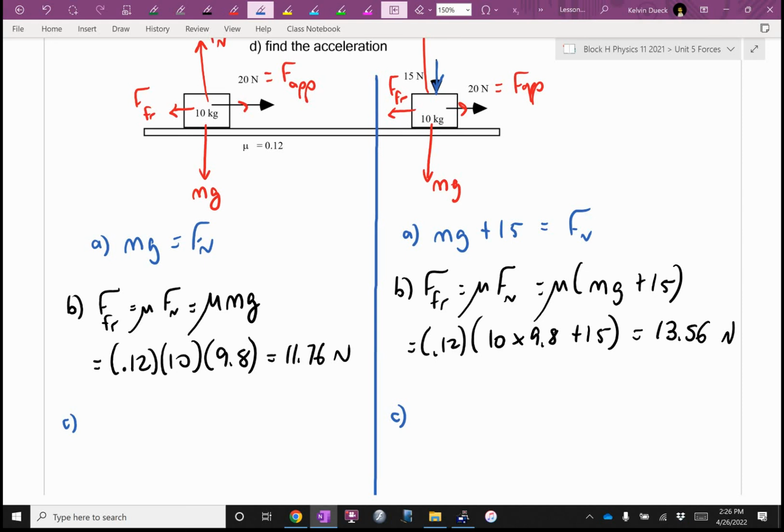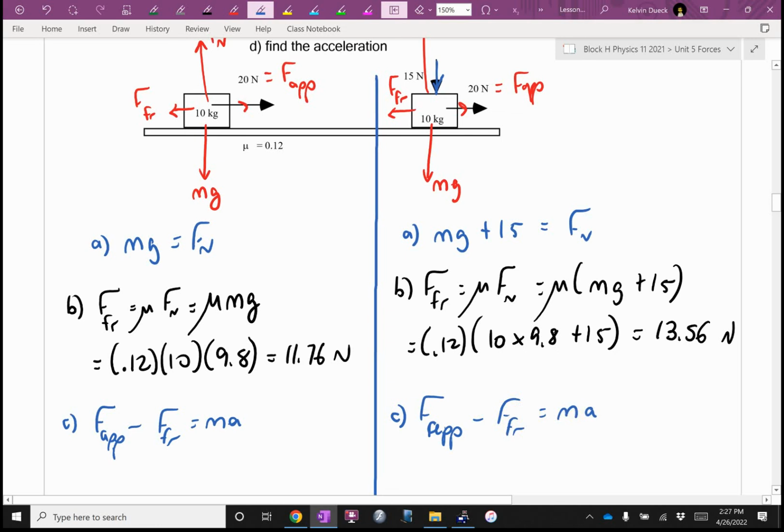Who's losing? On the right-hand side, the second diagram, who's winning? Who's losing? It's the same equation for both. Doesn't that mean I'm going to get the same answer for both? No, because it's different frictions in both.